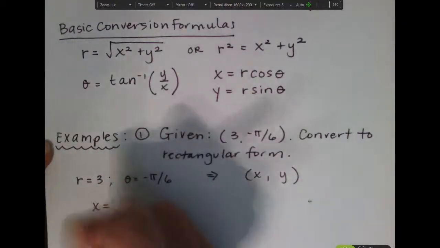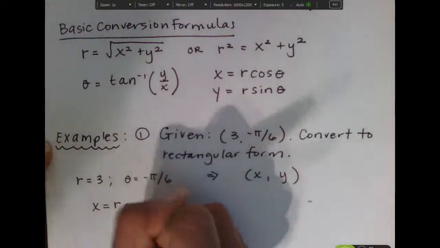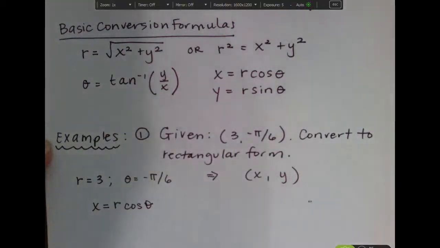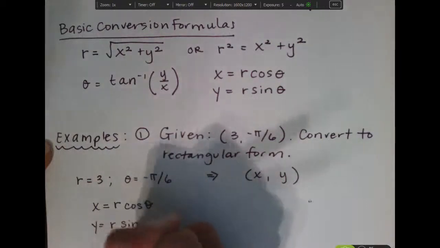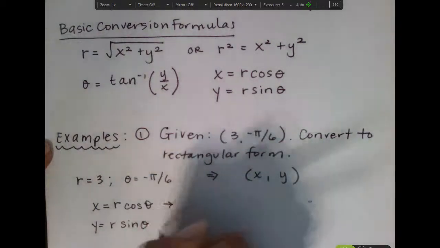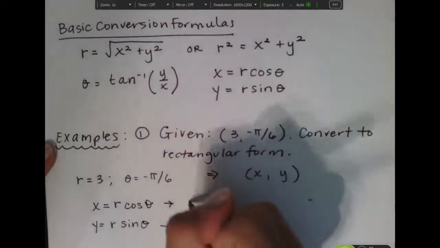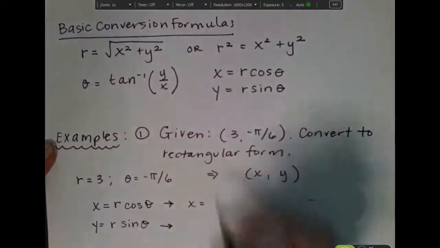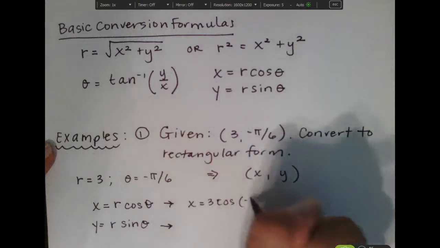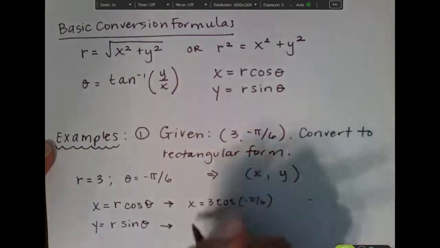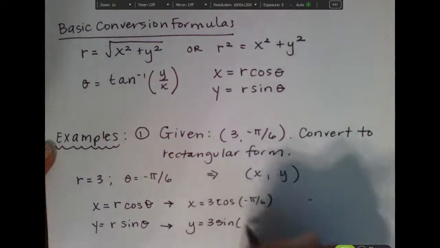Well, x is always equal to r times the cosine of theta, and y is always equal to r times the sine of theta. All I need to do is plug in the r and the theta that I'm given. So x is going to equal 3 times the cosine of negative pi over 6, whereas y will be 3 times the sine of that angle.